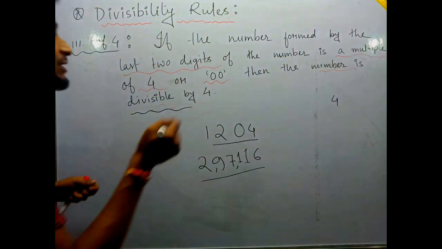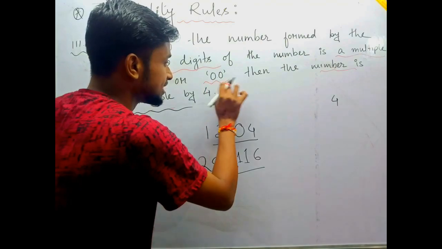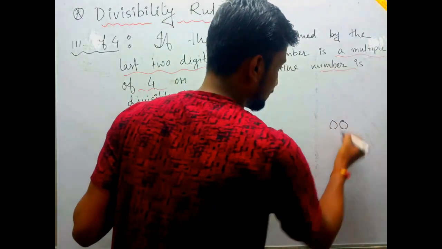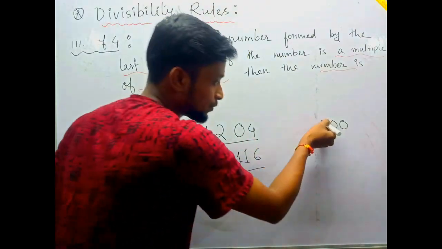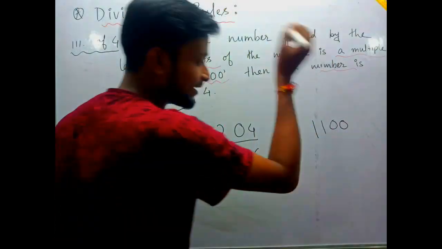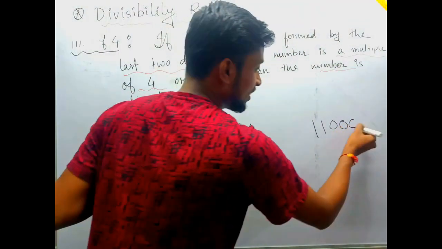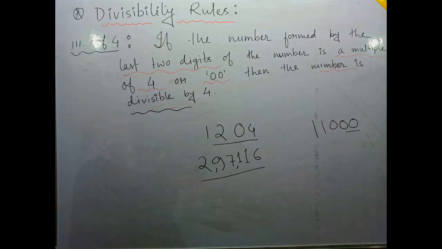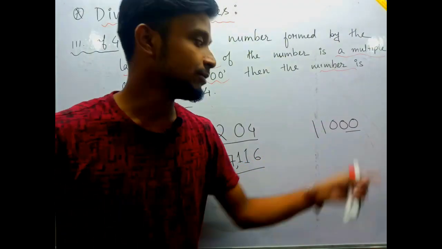Also, if the last two digits are 0 0, like 100, 1100, 1000 or 11000, then these are divisible by 4.